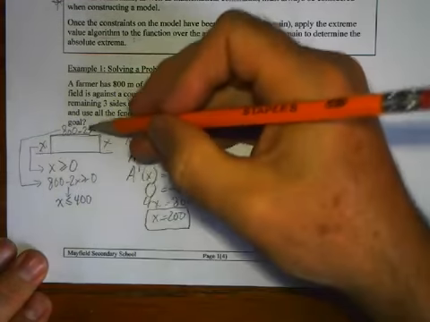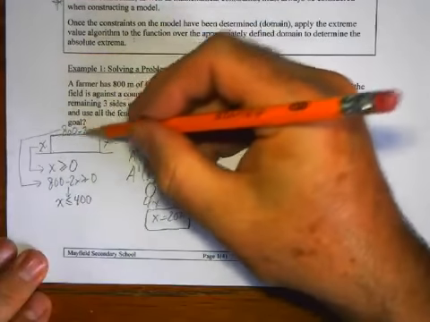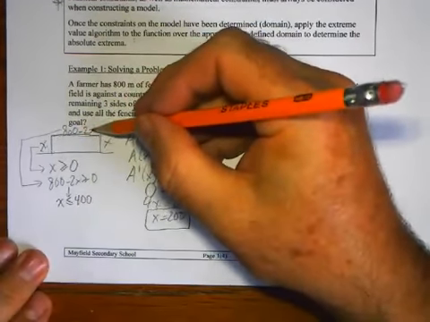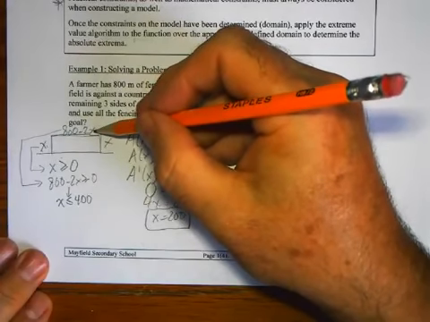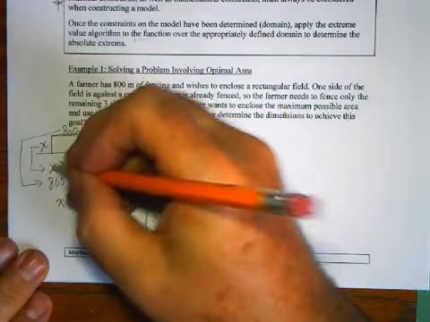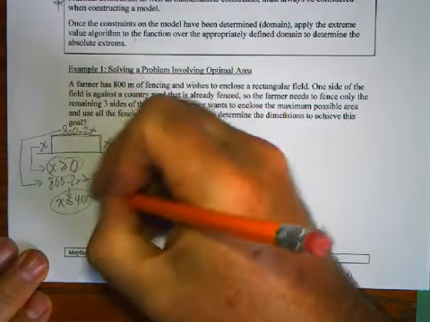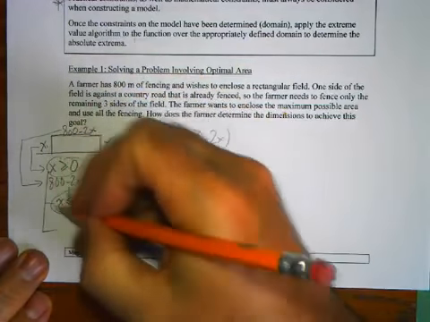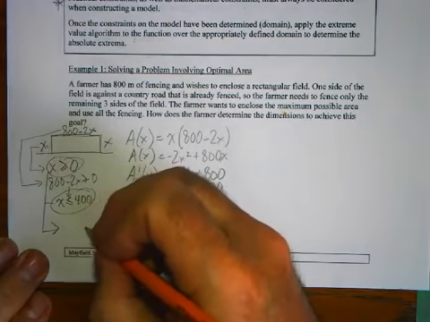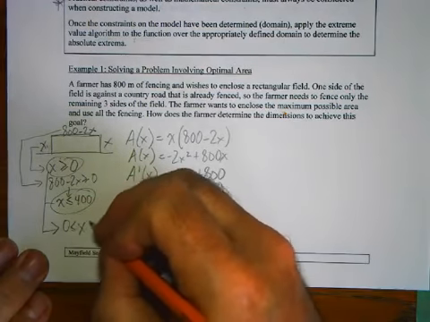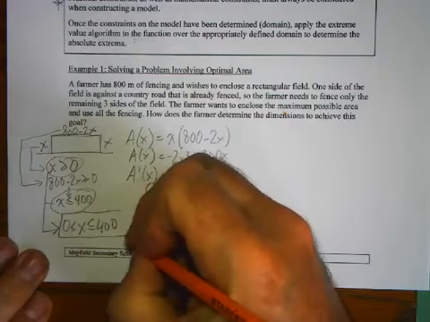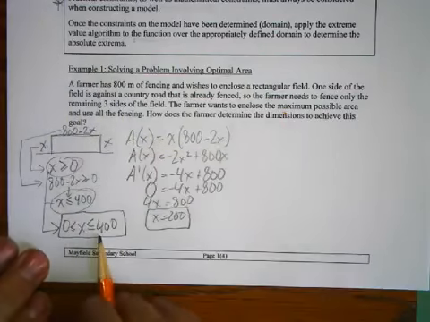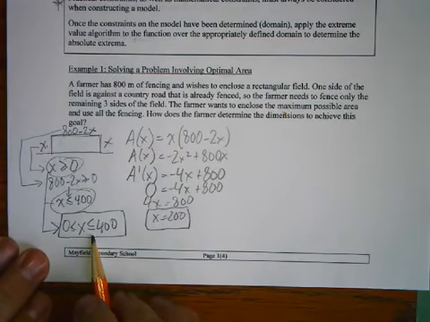And you could probably see that already, that for this to be 0 or positive, x has to be less than or equal to 400. So if we put these two constraints together into one constraint, we see that x is going to be between 0 and 400. That basically defines the valid interval for our variable x.